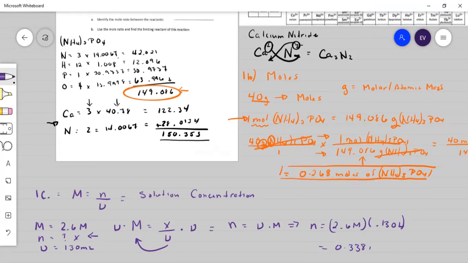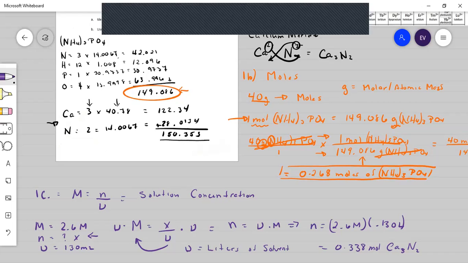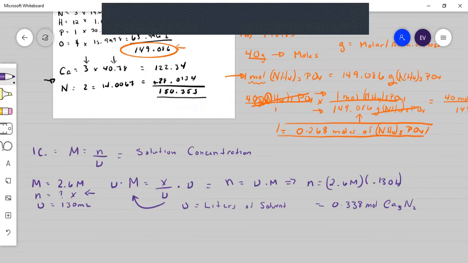But when you write this formula, the volume is equal to liters of the solution, right? In the solution. So if I have something in milliliters, in this case, 130 milliliters, I have to convert that to liters. How do I do that?